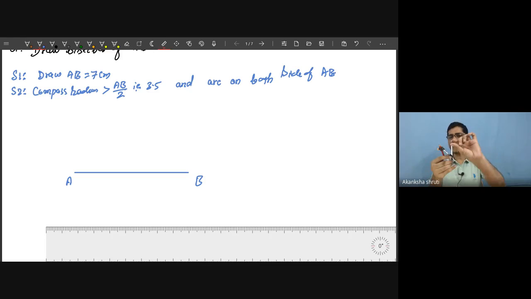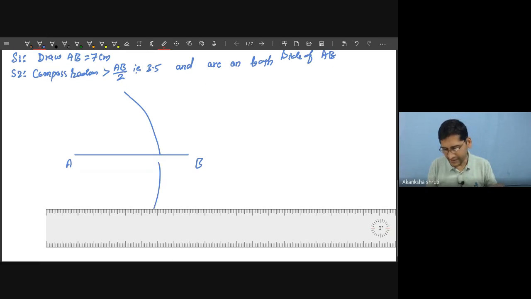Take this, put it at A and mark. On one end it will be like this one, and on the other side it will be again like this one.